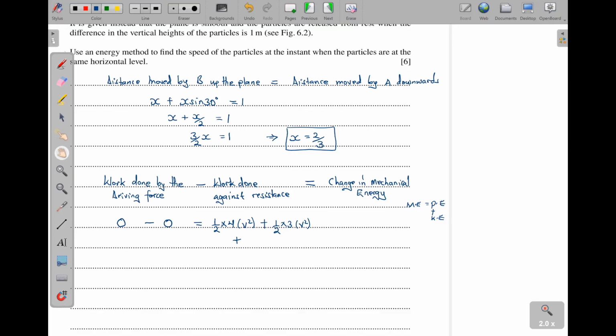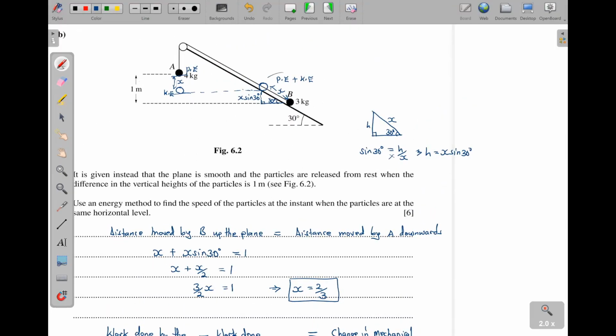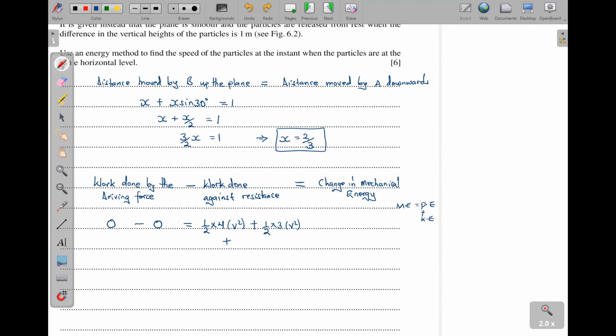Remember, potential energy is mgh. B is having potential energy here, which is mgh, and the h for this movement is x over 2. So, because sine of 30 is a half, we shall get m, which is 3, times g, which is 10, times h, which is x over 2.